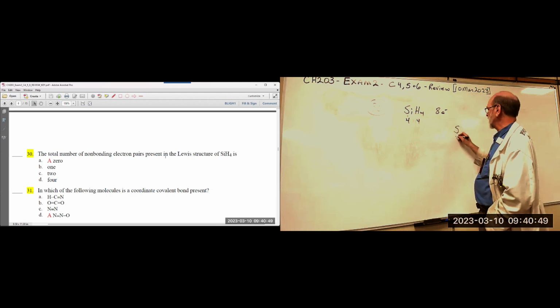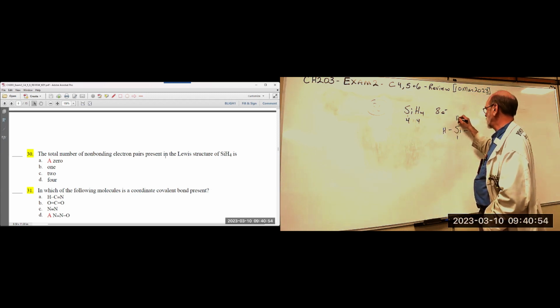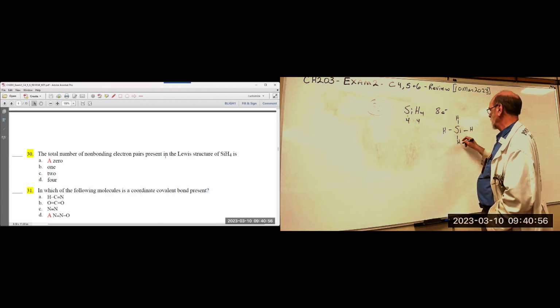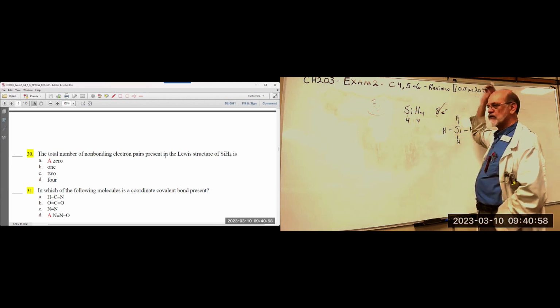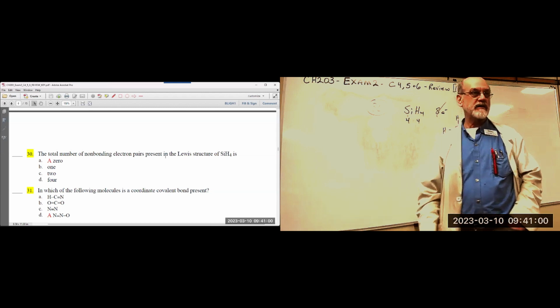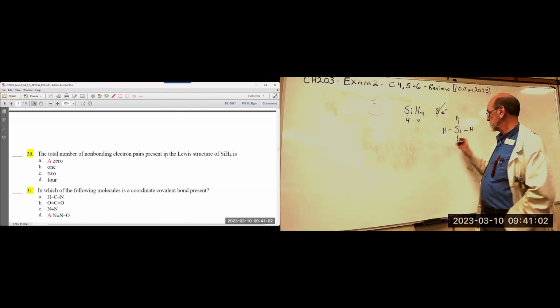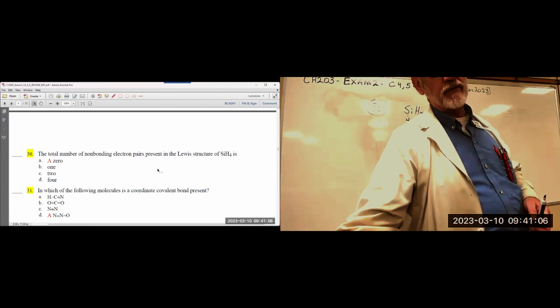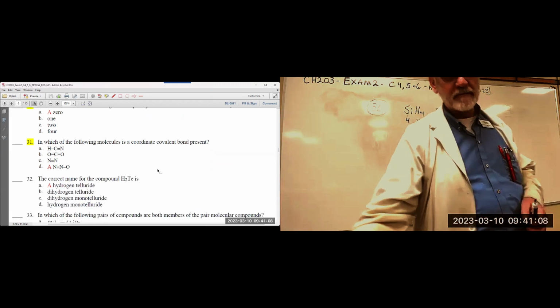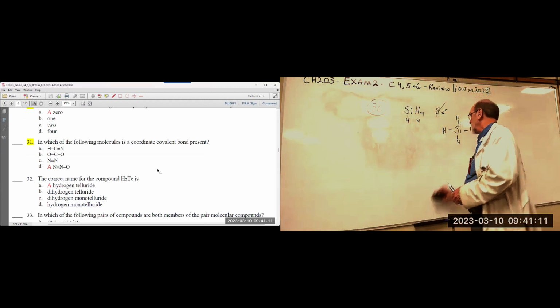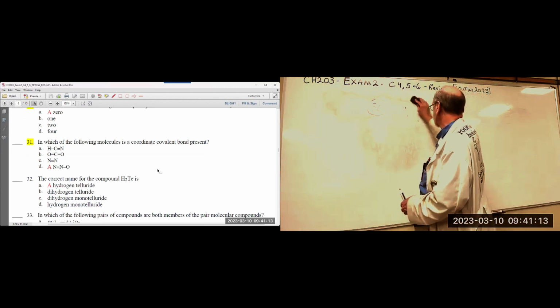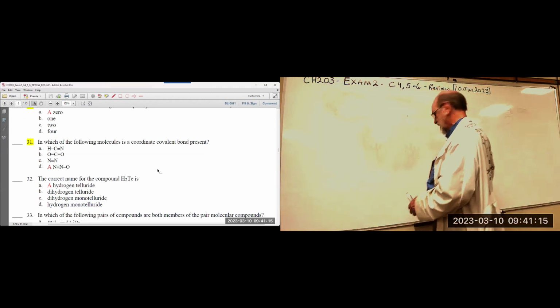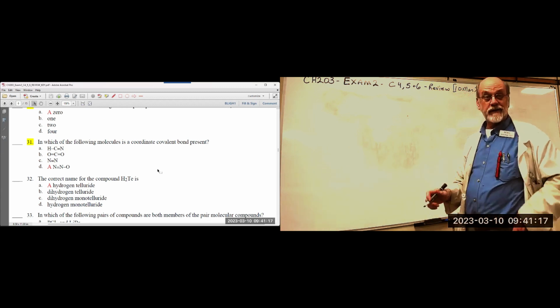We have a silicon in the middle, with hydrogen, hydrogen, hydrogen, hydrogen. So that's 2, 4, 6, 8. Used them all up. There are no non-bonding pairs in this molecule. So that's why the answer is 0. Kind of a trick question. Got you looking for non-bonding pairs and there are none there.